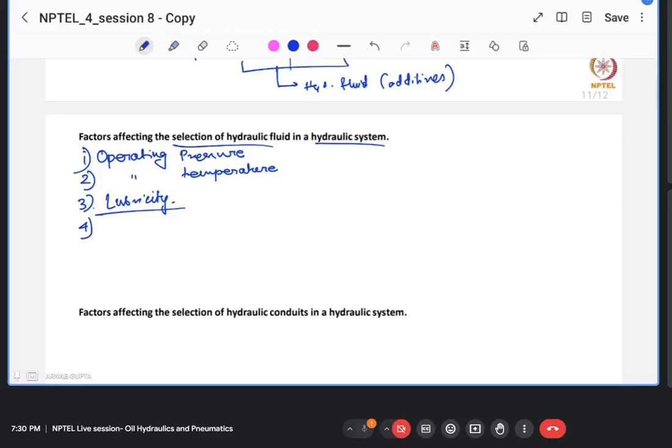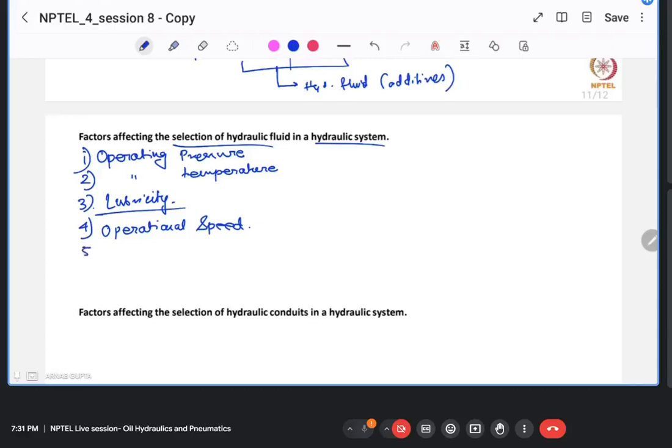What are the considering factors for that? That is the speed of operation. So operating speed, I would say. Based on this, also you have to select.